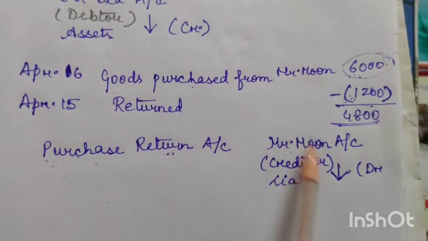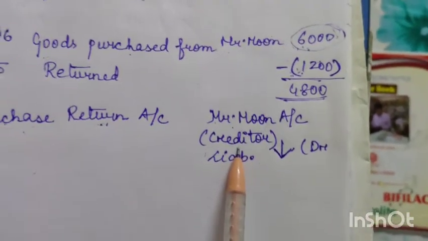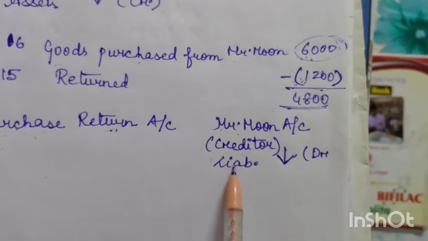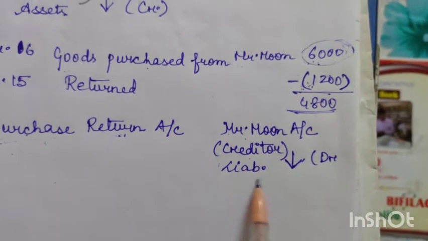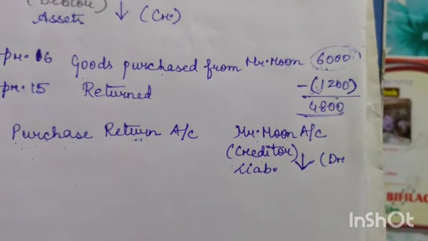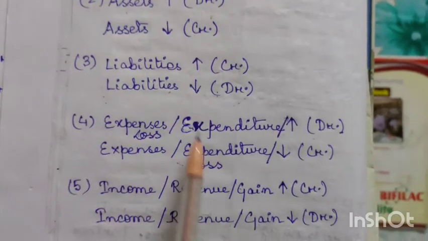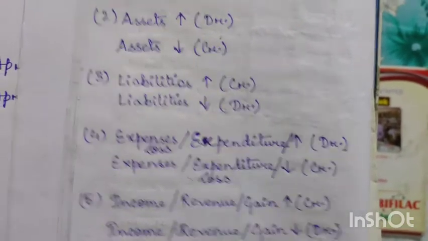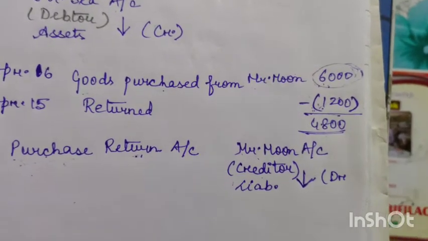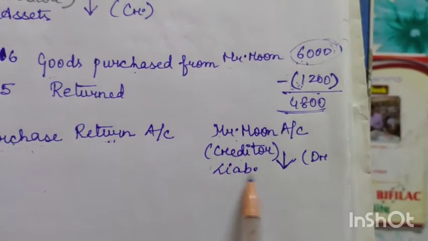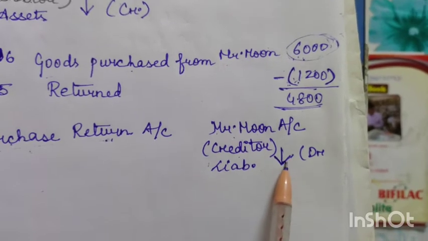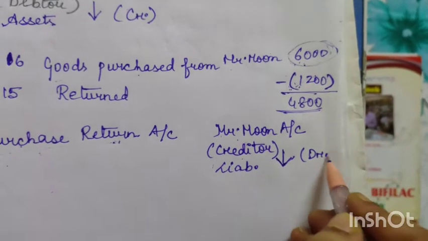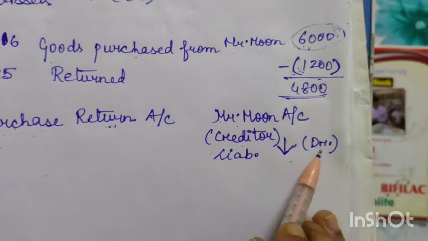So two accounts are opened. Now Mr. Moon was our creditor and creditor comes under the category of liabilities. Now according to the rules, just see the rules over here. If liability decreases, then debit. So depending on the rule, if creditor falls under the category of liability, and liability decreases, then it is debit. So I have already written over here debit.